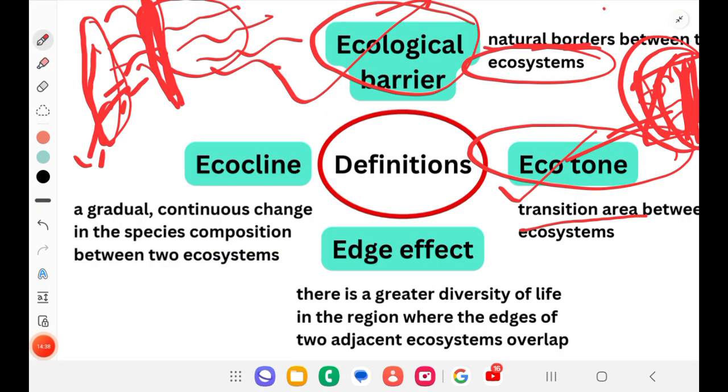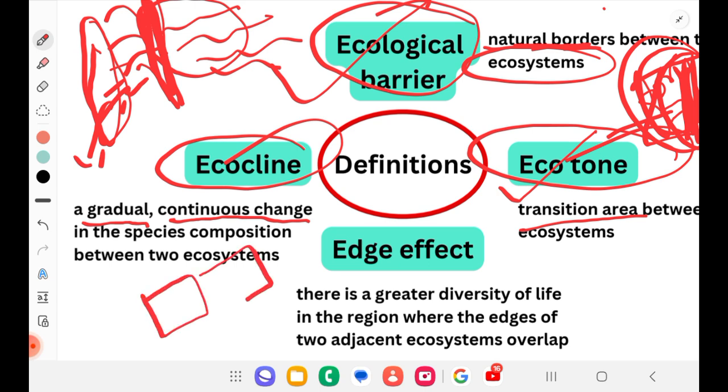Next comes ecocline. It's a gradual continuous change in species composition between two ecosystems. We are talking about 2 different ecosystems, right? We have seen about ecological barrier and the transition zone as ecotone. Also here more species will be there, the diversity is more, so it is called edge effect.